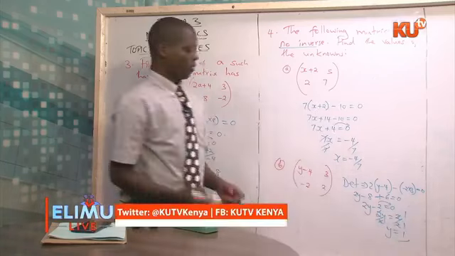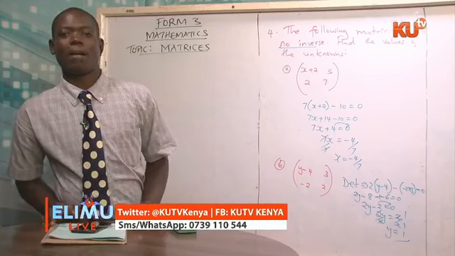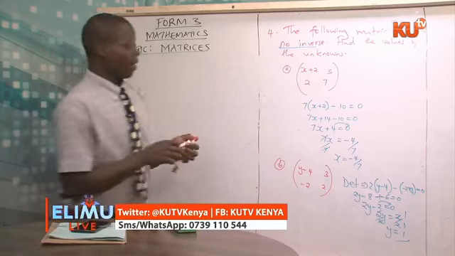So that is the case for inverse of a matrix, where they have mentioned the aspect of no inverse to imply they are singular matrices.